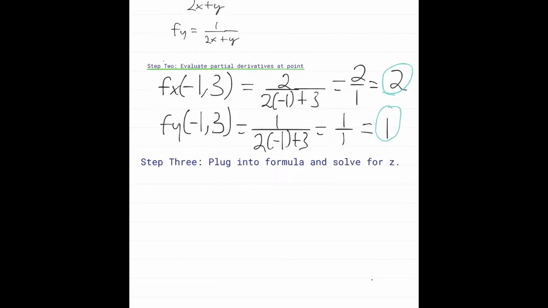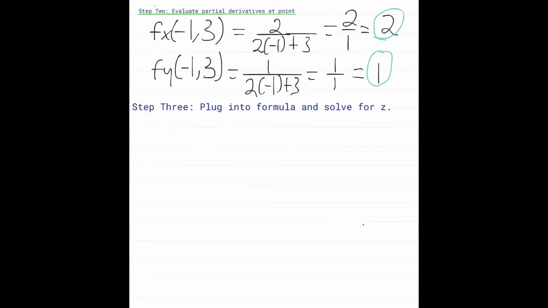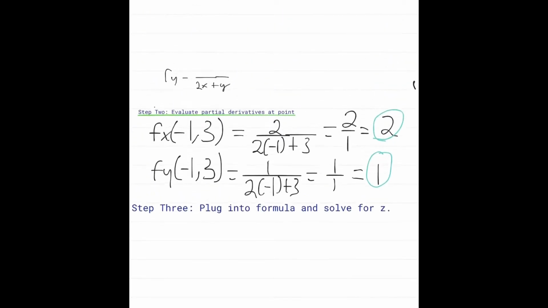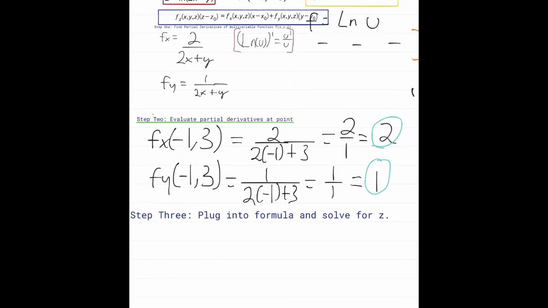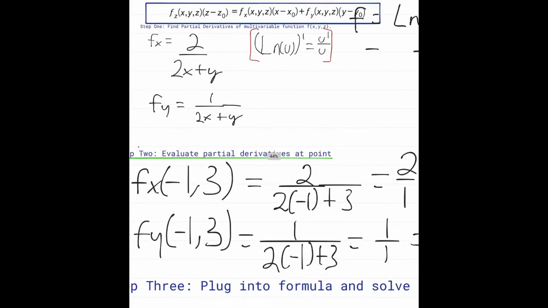So now for step 3, now that we have found the evaluated partial derivatives, we plug them into the formula and solve for z. So what formula? Well, this formula right here. Z minus z naught is equal to partial x evaluated at the point times x minus x naught plus partial y evaluated at the point times y minus y naught.